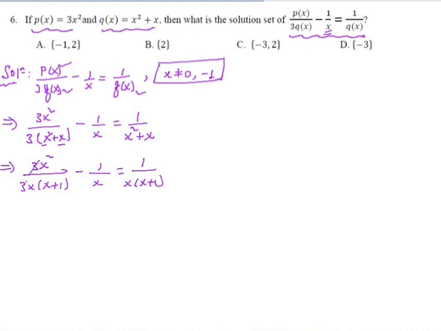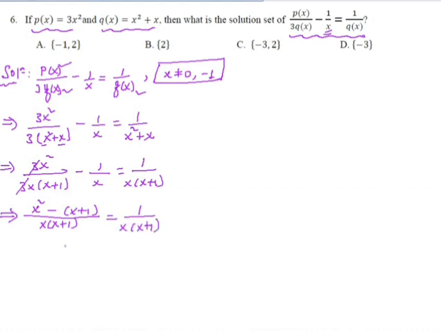So now you can cancel 3. In fact, you can also cancel one more x from here, but for the sake of simplicity, I want to put x times x plus 1 in the denominator. So x into x plus 1, then here it becomes x squared minus x plus 1, which equals 1 over x into x plus 1.